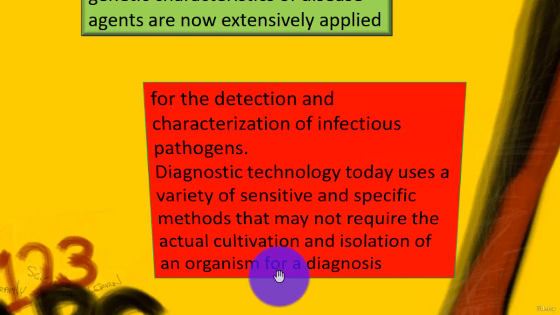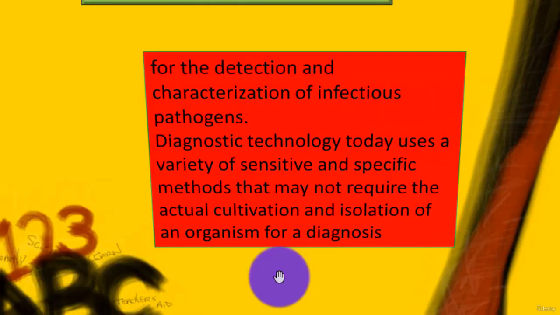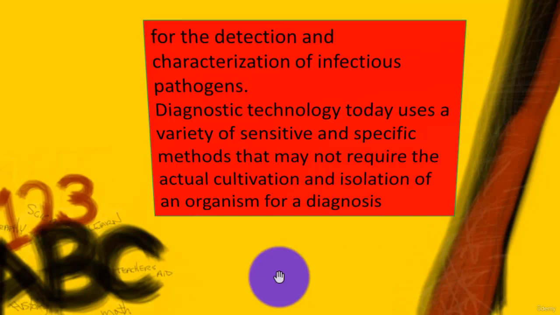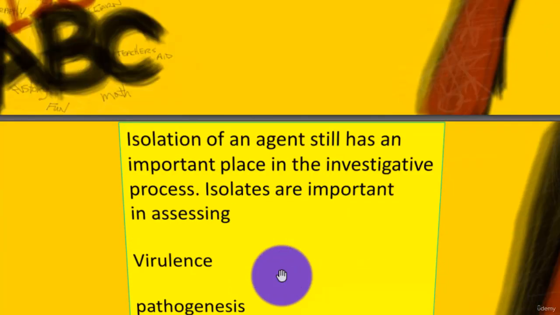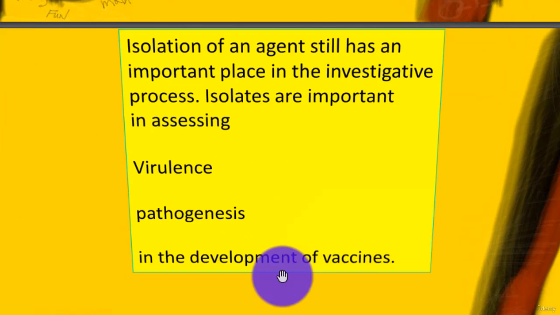Diagnostic technology today uses a variety of sensitive and specific methods that may not require the actual cultivation and isolation of an organism for diagnosis. Rapid diagnosis is possible using molecular techniques, but isolation of an agent still has an important place in the investigating process.